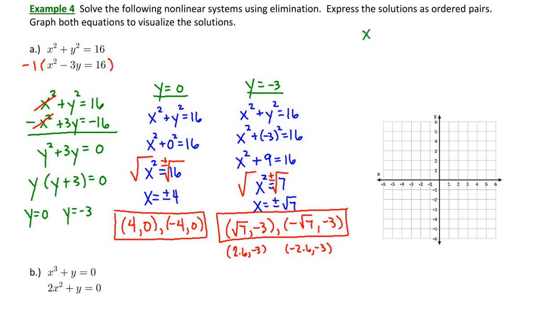The first equation is x squared plus y squared equals 16. That's a circle centered at 0, 0 with a radius of square root of 16, or 4. So from the center 0, 0, I'm going to measure 4 units in the 4 cardinal directions, up, down, left, and right, and then connect those dots with a circle.